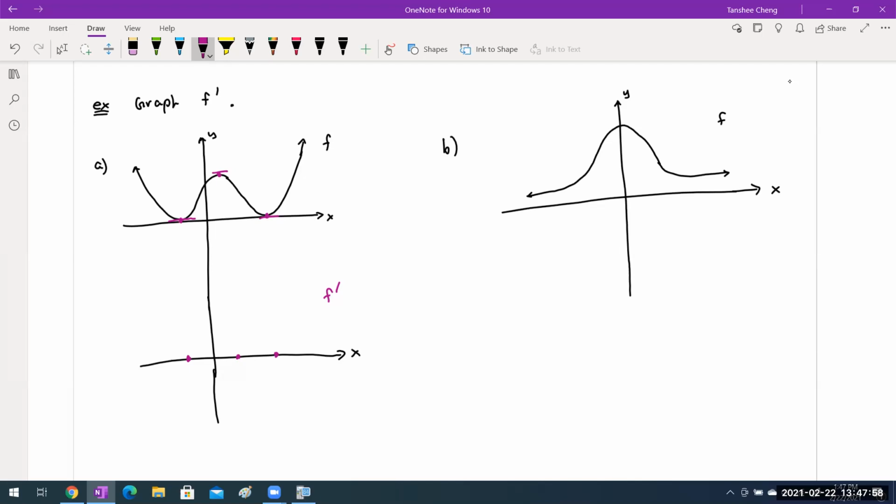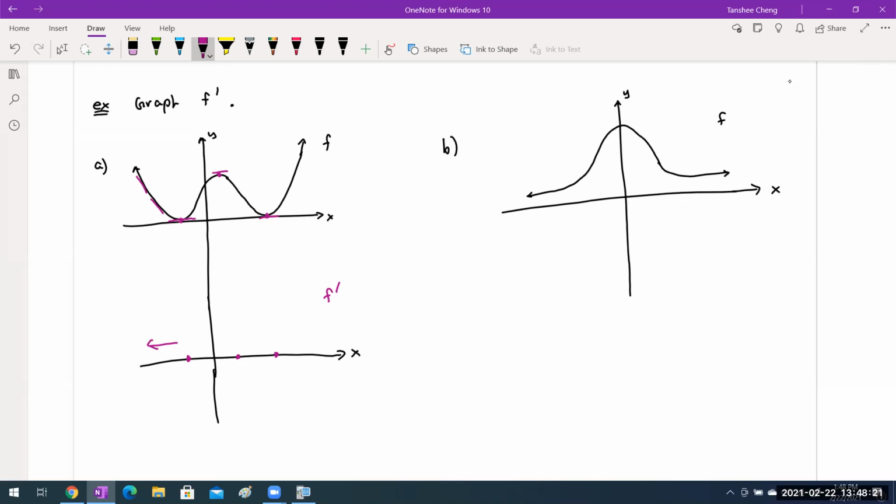If you take a look at this, everything on the left side of this 0, notice that in the original function, when I draw the tangent line, it's going downward. That's basically talking about the negative slope. So the f prime value, which is the slope of the tangent line on this interval, is negative.